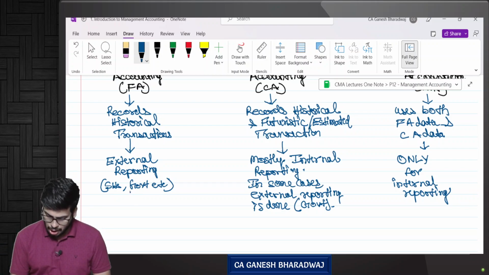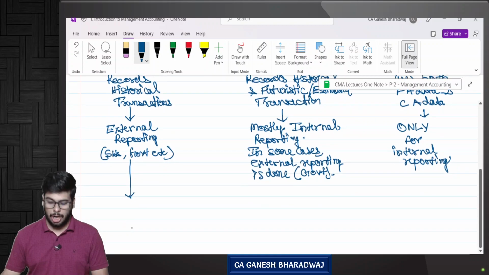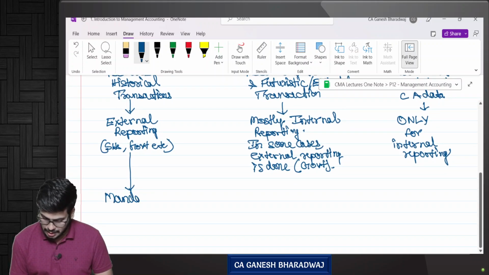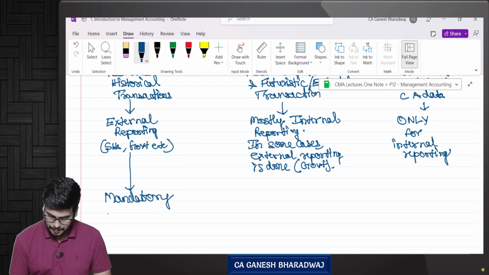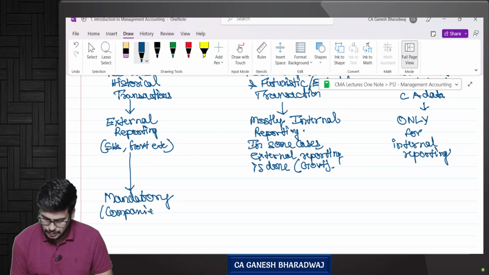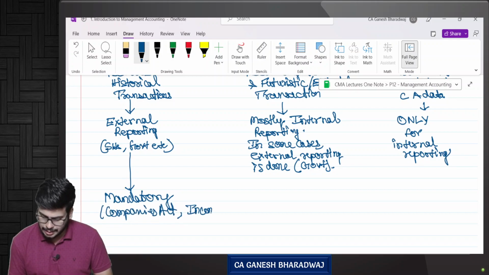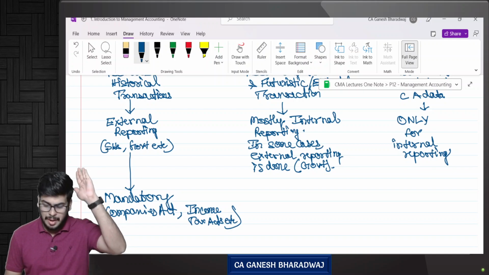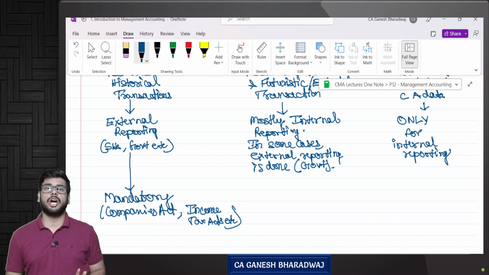Now, financial accounting, maintaining your financial accounting records, it is mandatory. Mandatory under what? The Companies Act, Income Tax Act, etc. So these acts will specifically ask the company to mandatorily maintain financial accounting data.